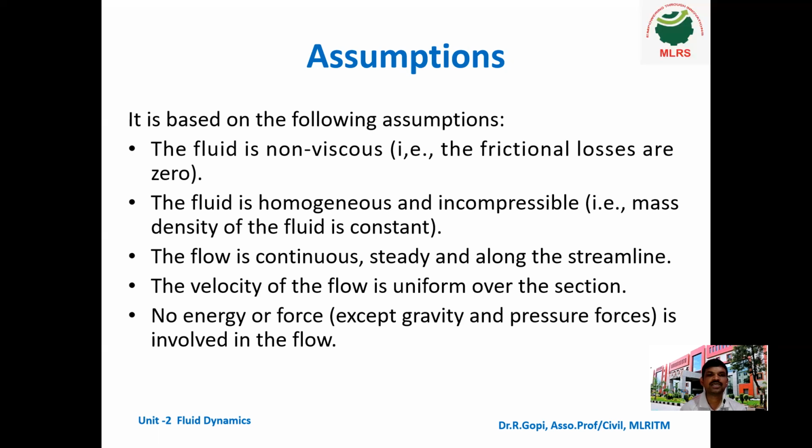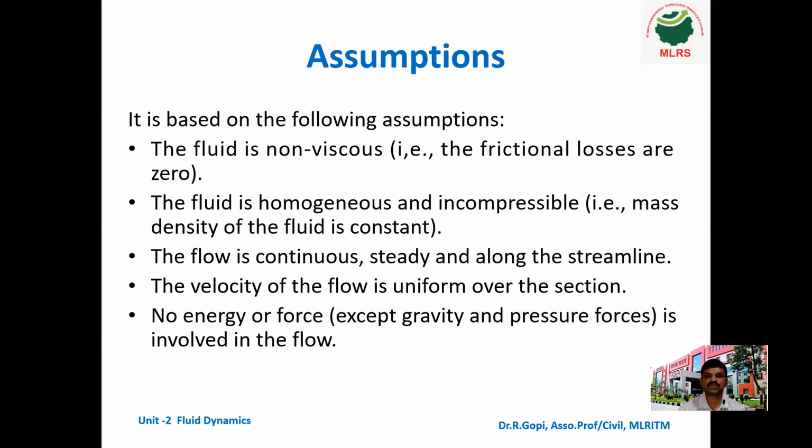Next, no energy or force except gravity and pressure force is involved in the flow. So there are only two types of force acting. One is gravity force, which always acts in the downward direction.